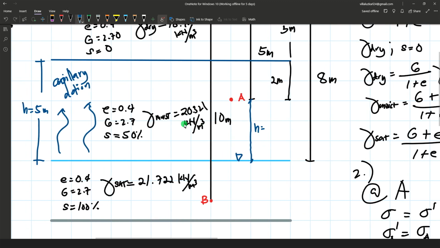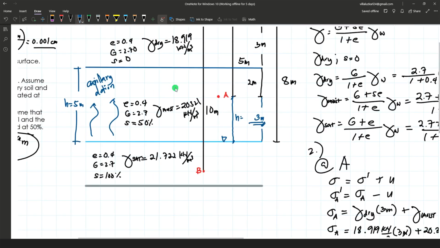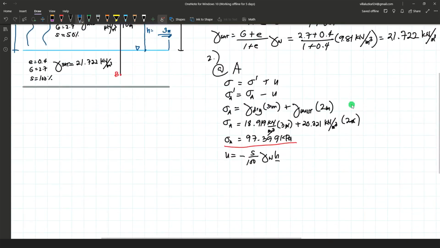So what's the height here? If this is 5 meters and this is 2 meters, what remains is this vertical distance, which is 3 meters. So it means the H is 3 meters, the distance from the water level to point A.